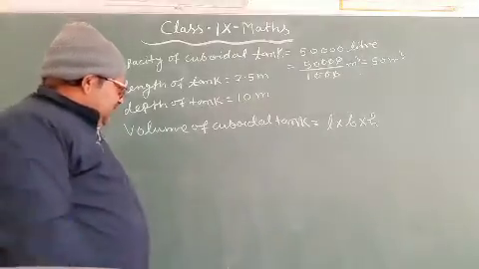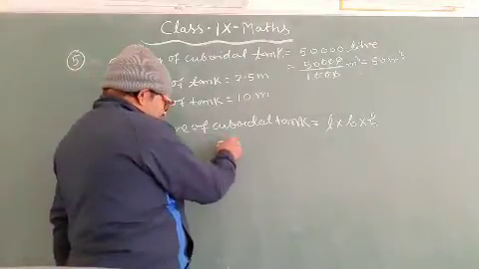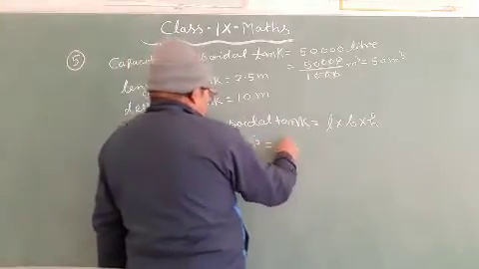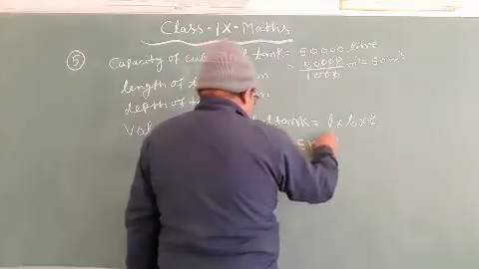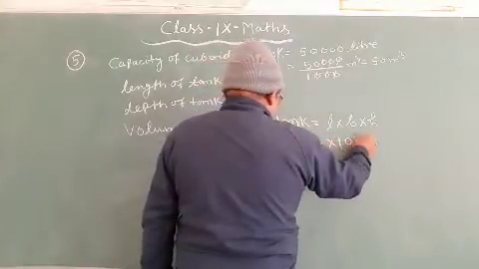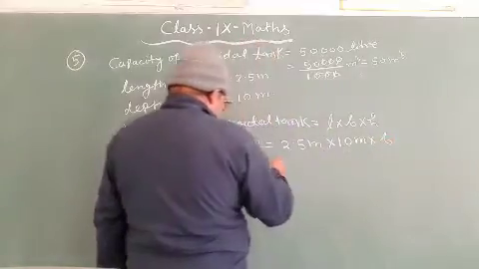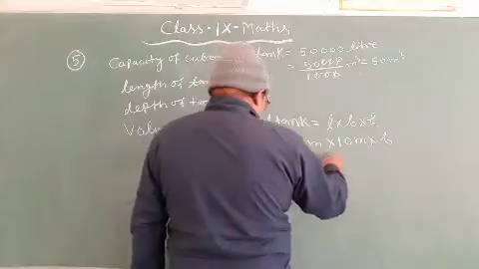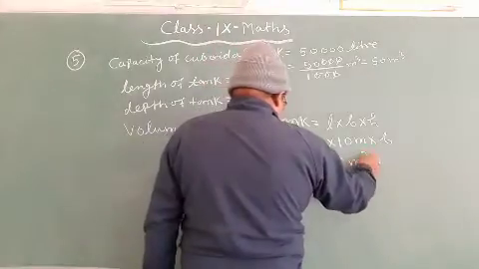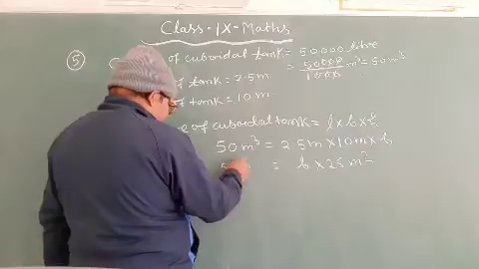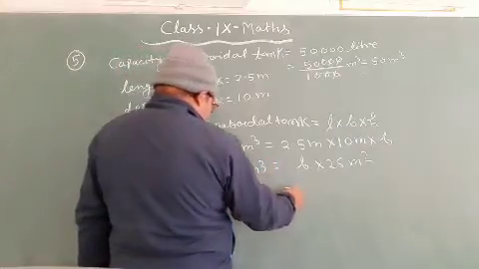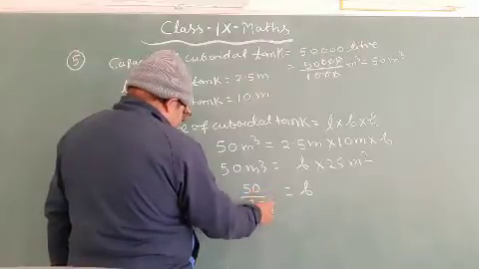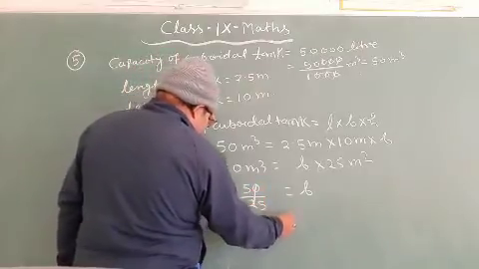So we write the volume 50 meter cube just equal to 2.5 meter into 10 meter into B. So B into 25 meter square is 50 meter cube, and B equals 50 upon 25, just equal to 2 meter.